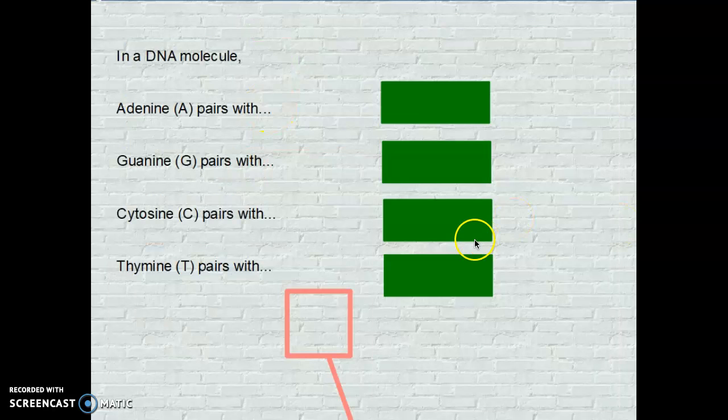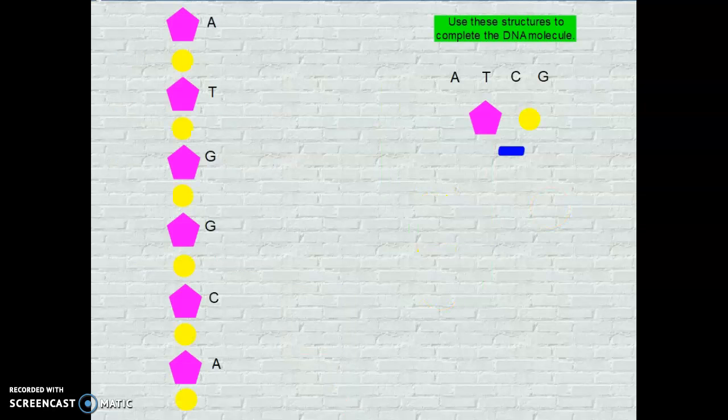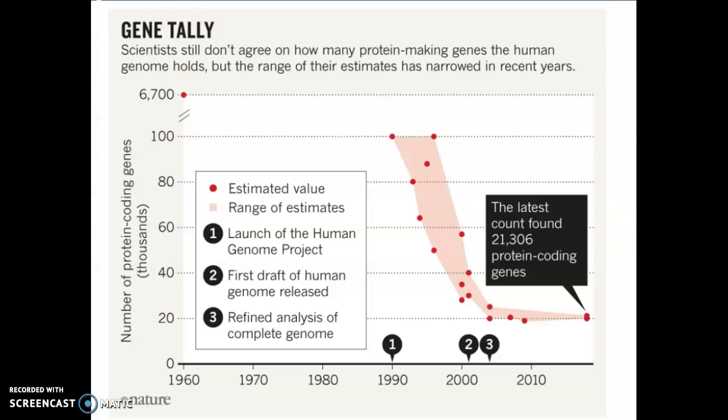All right? So remember A with T, G with C, C with G, T with A. I'm just trying to save some time here, guys. And I'm not going to build this structure just for the sake of time. But remember, if you can think of this, exactly the same thing over here, and then the opposite letters here. So a T, an A, a C, a C, a G, a T. Okay, we'll practice that later.